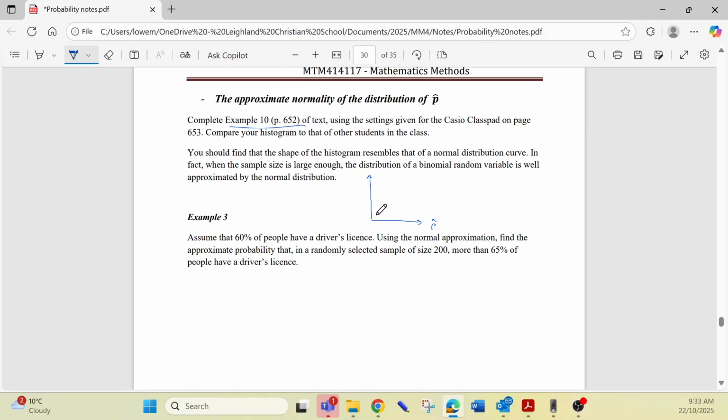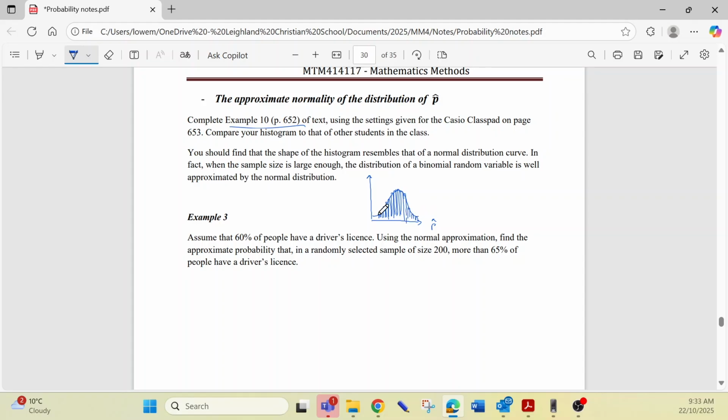But what we would find is that with a large sample size, the distributions of sample proportions are going to match or approximate a normal distribution.